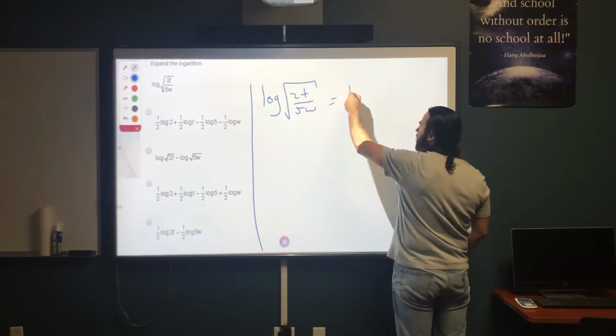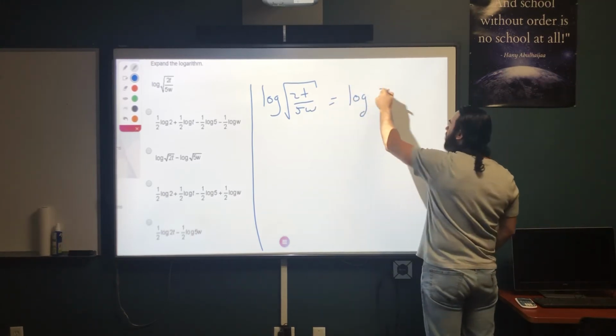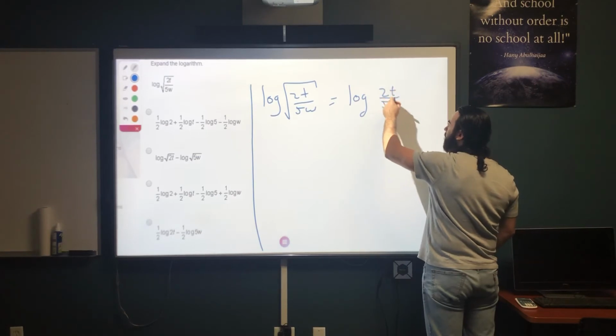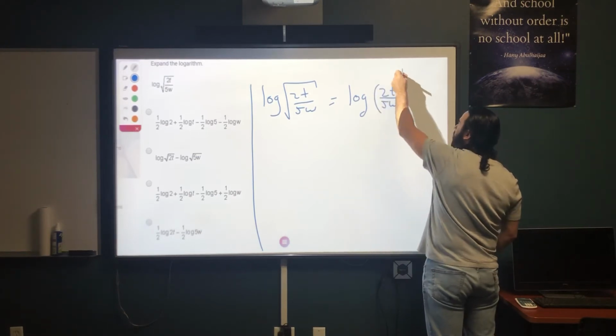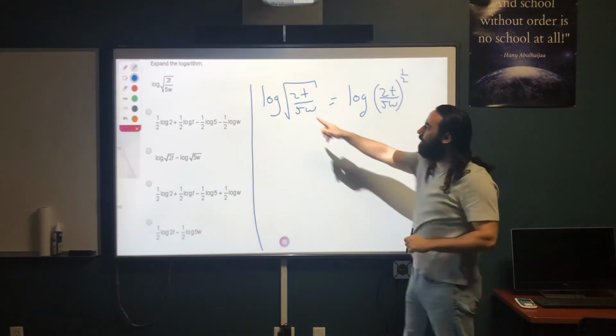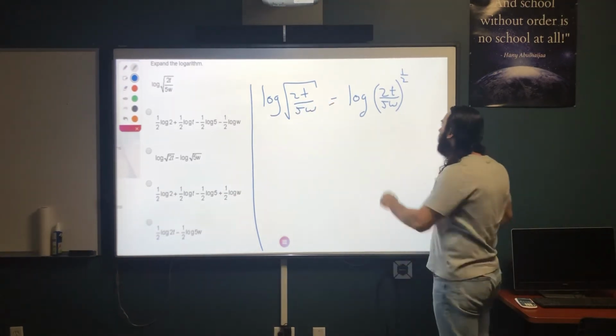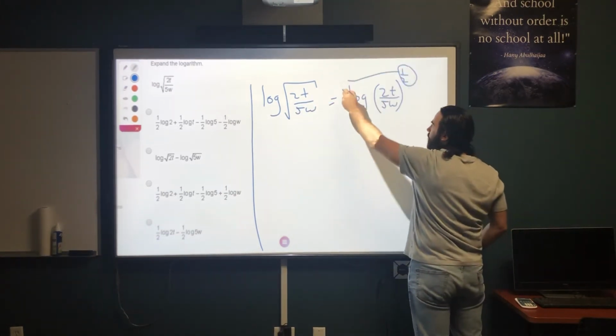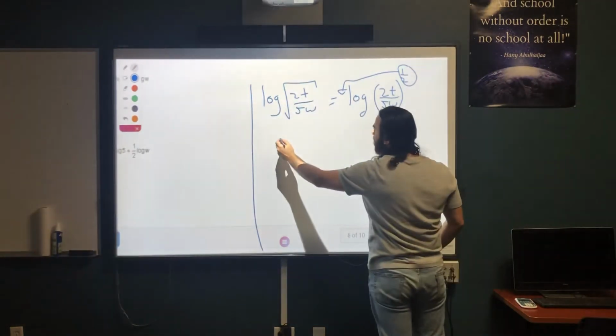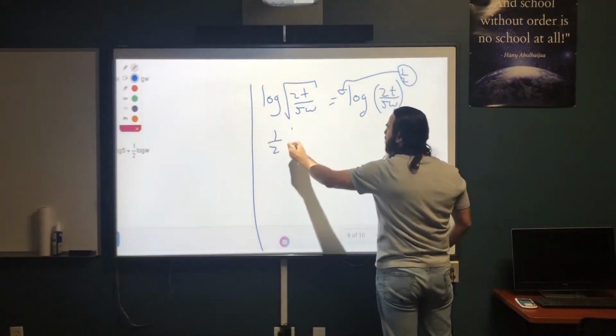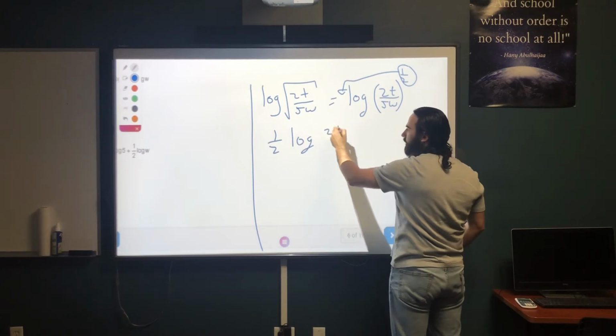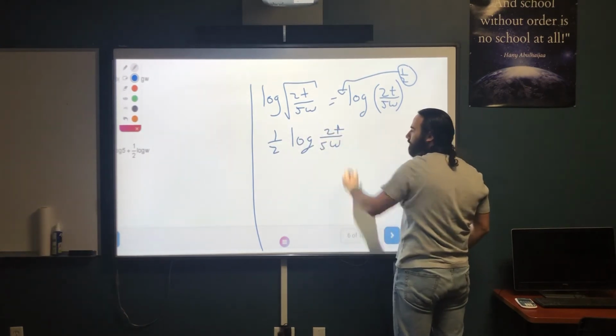So it's the same as log of 2t divided by 5w to the power of 1/2. That's what the square root means. After that, we take the exponent and drag it down. So it's going to be 1/2 times log 2t divided by 5w.